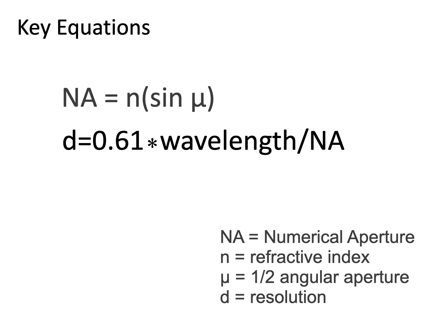And don't forget n, though, because we can also think about air versus oil, for instance, with refractive indices in between the objective and our sample. And then the other one is the one we just looked at, the limit of resolution, throwing in some pretty standard examples of a type of microscope we might be using. That gets us to about 200 nanometers, or about the limit of resolution.